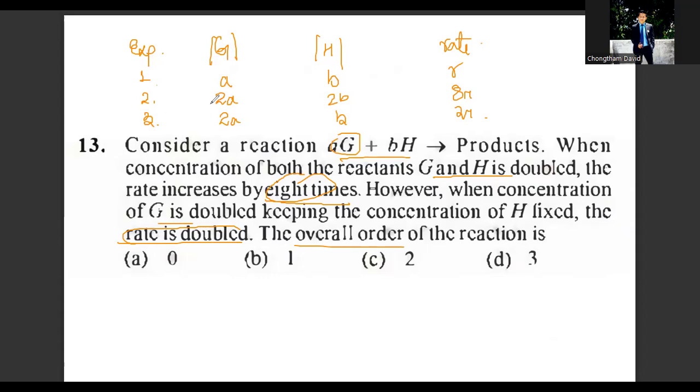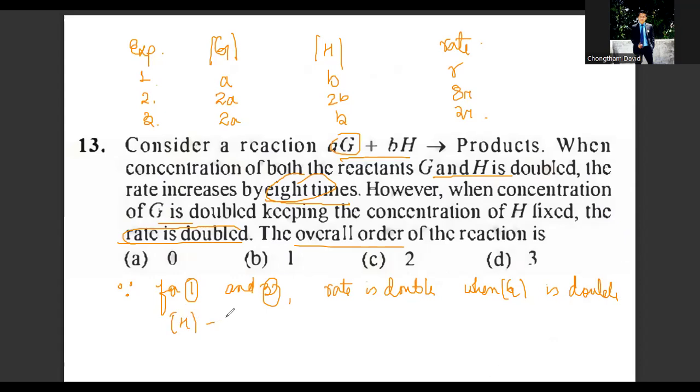Right. So, okay, let us write here: since for equation number 1 and equation number 3, the rate is doubled only when the concentration of G is doubled, but keeping that of H constant.